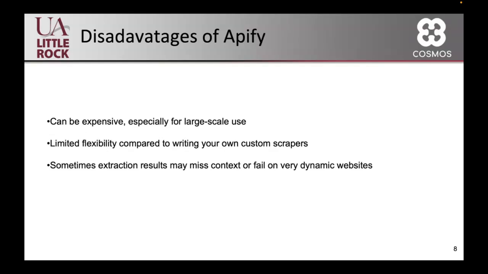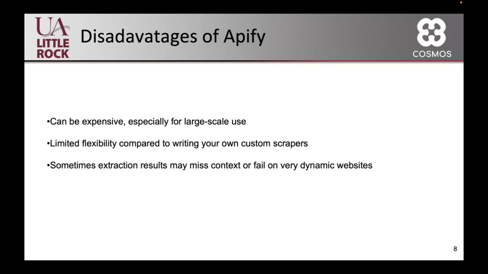But the disadvantage is that it's very expensive, especially if you have a lot of websites to collect, then it can be very expensive. Also, it has limited flexibility, like only blog post collection or only limited sentiment analysis or NLP tools. You can create your own scraper, that would be good, but it's very limited. Also sometimes it might mix context or fail to establish it.